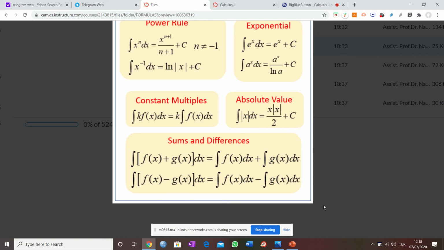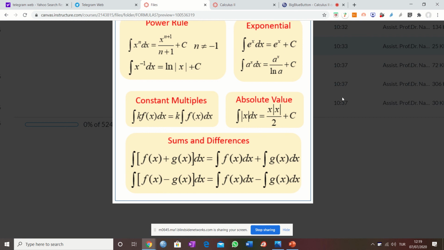You can see, like in derivatives, summation and integration we can do in the normal way. If there are two functions f(x) and g(x), and we want to find their sum, we first find the integral of f(x) and then the integral of g(x), as you can see here. And this is the difference formula. We find the integral of f(x) minus the integral of g(x).